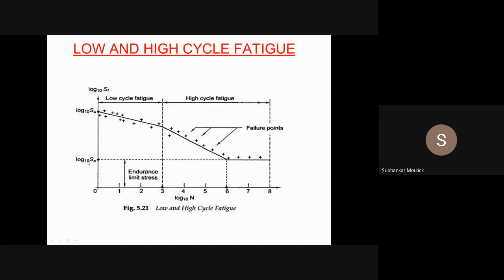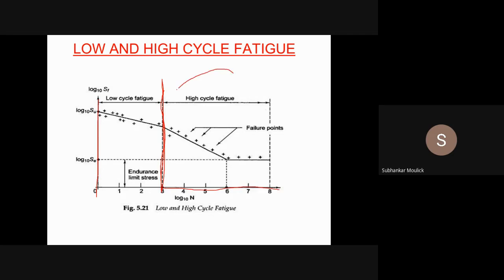Both are plotted on a log paper, that is log base 10 N and log base 10 SF. Fine. So if you want to draw specifically the SN diagram for steel, then this particular line will come over here. That means it will start from 10 to the power 3 cycles.